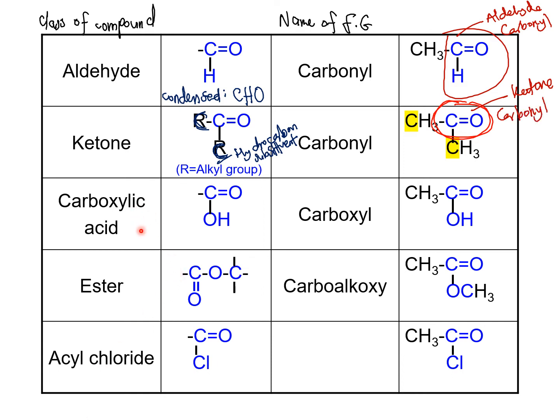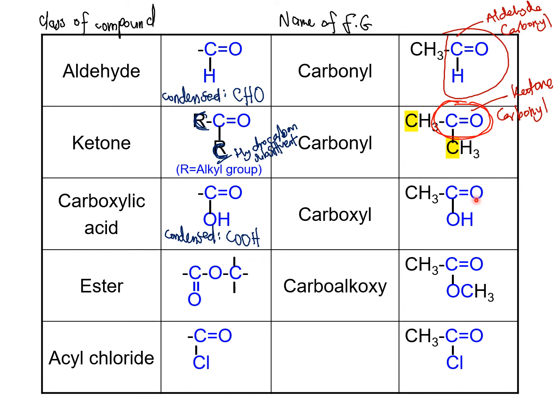Okay, next, for the class of compound carboxylic acid, dia punya functional group dia adalah C double bond OOH. Okay, kalau dia punya common condensed structure dia adalah COOH. So, bila you nampak COOH, you jangan assume that all of this is single bond. It's actually C double bond OOH. And the name of the functional group adalah carboxyl.